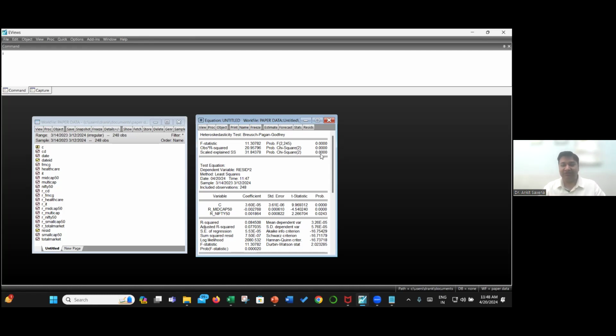The null hypothesis was homoscedasticity, so homoscedasticity has been rejected. That implies that my data is suffering from a significant heteroscedasticity. So I need to deep dive and see what I can do to deal with this issue of heteroscedasticity. I hope that explanation is clear to everyone.